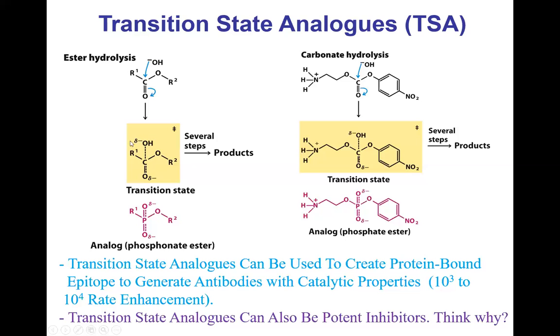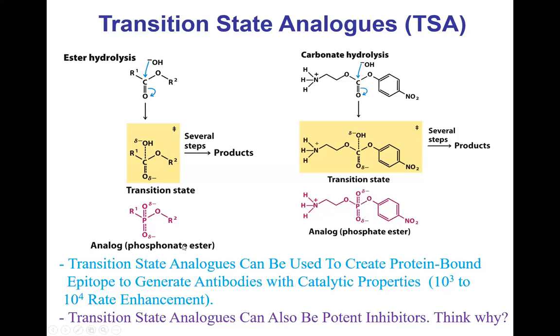Because if you try to mimic that transition state shown here, see the double dagger, that's the sign that it is a transition state. If you can create a species that has delta minus on the oxygen on top and delta minus on the oxygen below, then you can mimic the transition state, and you might have a shot at creating an inhibitor that will bind to this enzyme that hydrolyzes the ester bond.